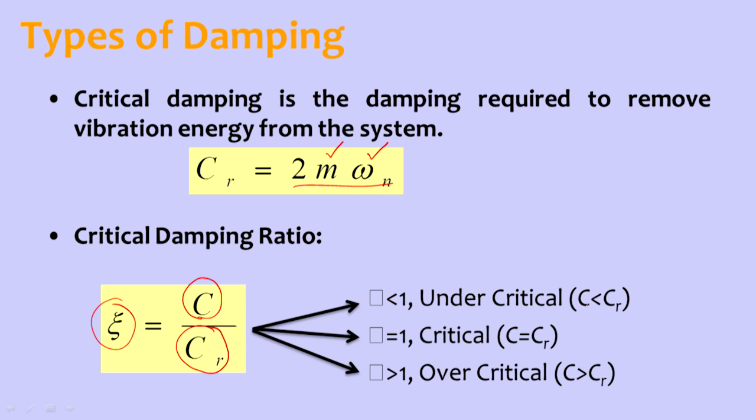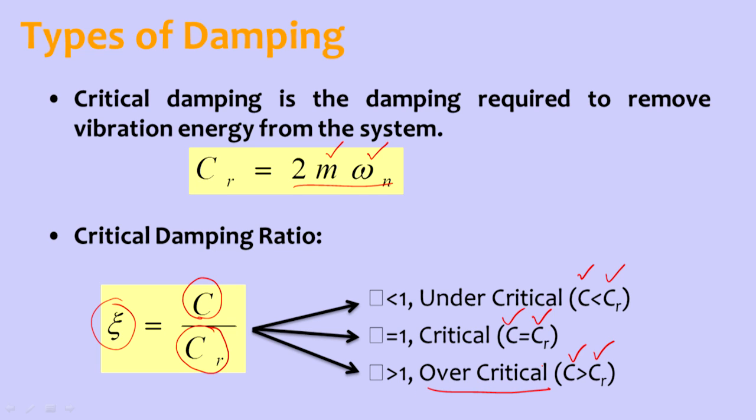If zeta is less than 1, the damping present in the structure is less than critical damping. If it is equal to 1, damping is equal to critical damping. And if it is more than 1, that is over critical damping.